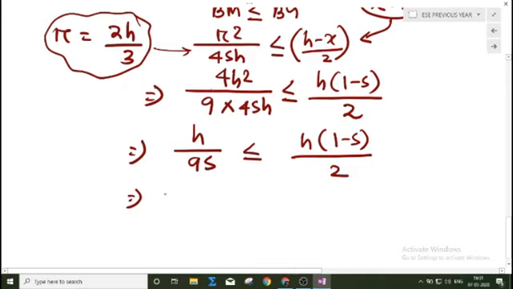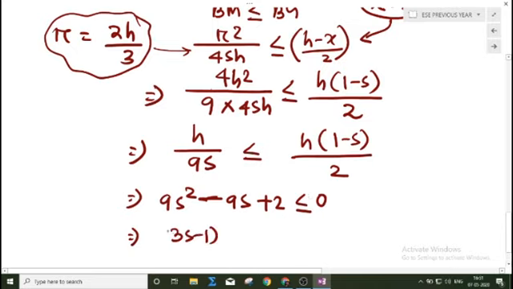Now I am bringing everything to one side: 9s square minus 9s plus 2 less than or equal to 0. If you solve this, it comes out to be (3s minus 1) into (3s minus 2) less than or equal to 0.